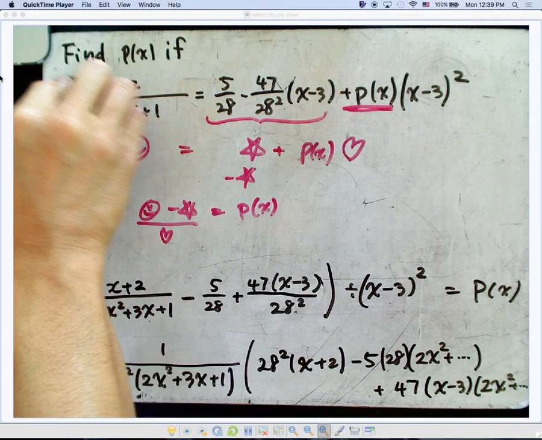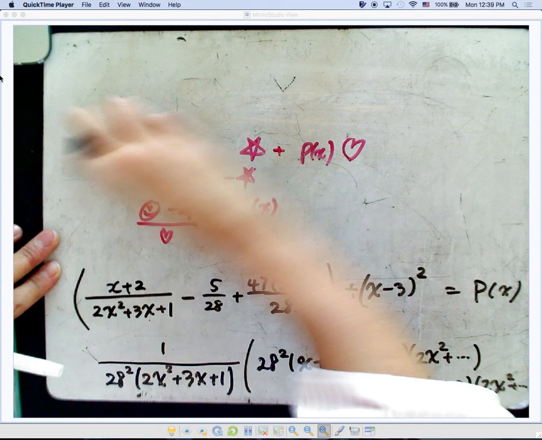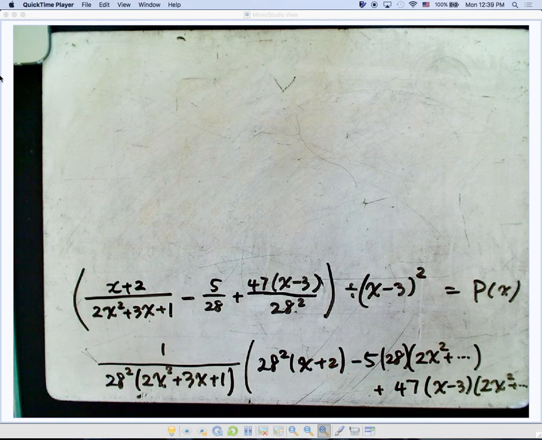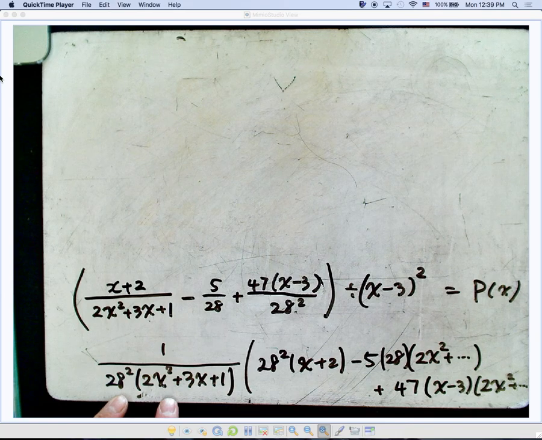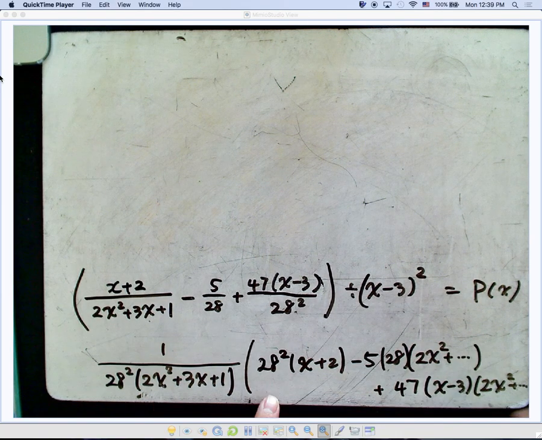So let's clean that up. We know the denominator, so let's just look at the numerator.